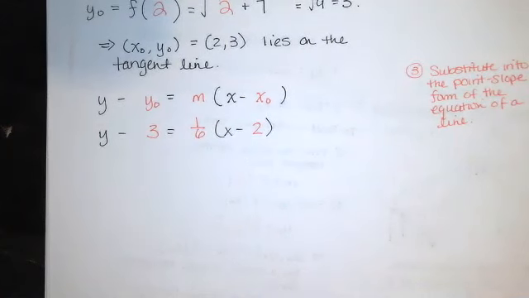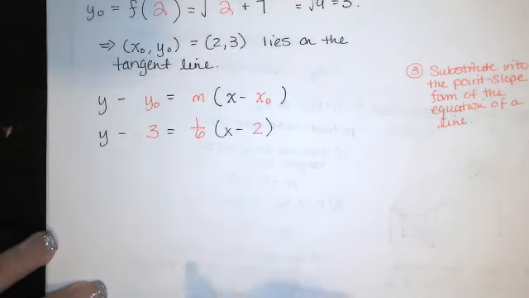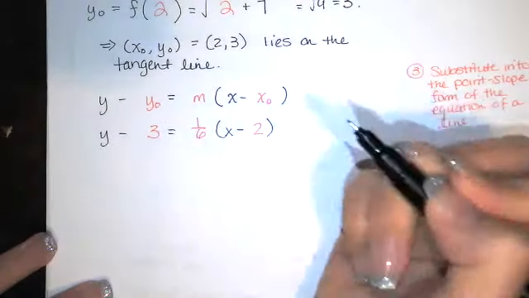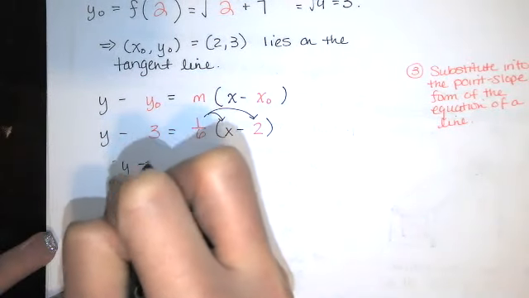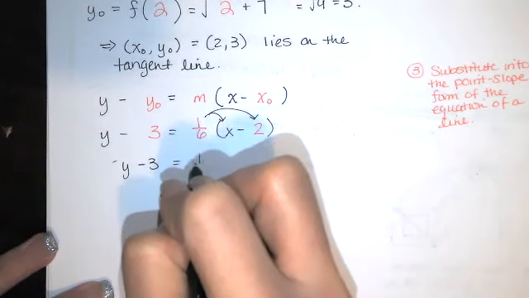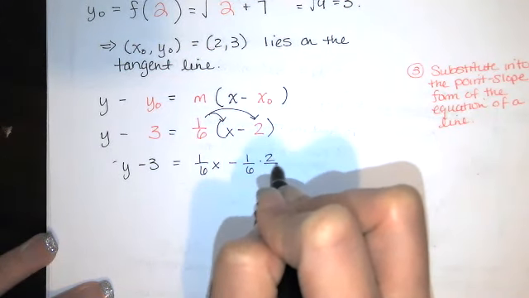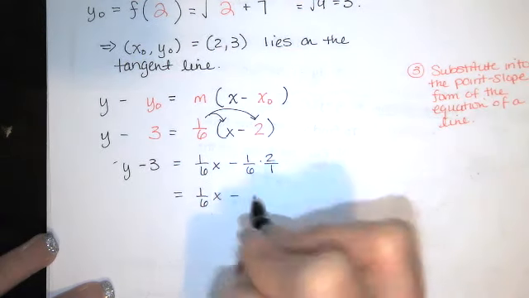But if we're using this as an approximation to the function, usually we have to get y by itself, and then we're going to replace it with standard notation, or at least the notation being used by our textbook author to represent the tangent line approximation to this function. One way you could do this is you could distribute the 1/6. I've got 1/6 times x is 1/6x. And then I've got 1/6 times 2 over 1, which of course is 2 over 6, which is 1/3.